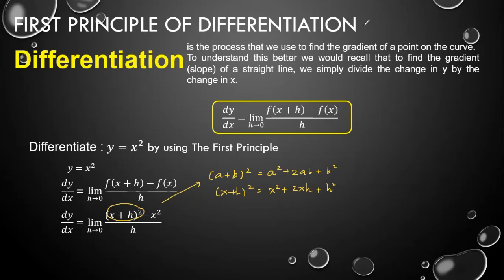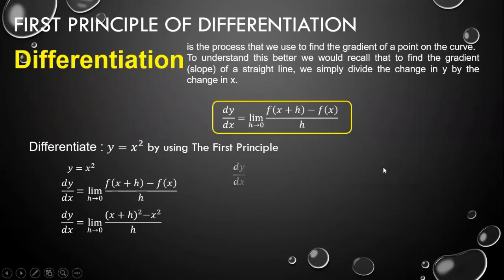Next, dy over dx equals limit h to 0 of x squared plus 2xh plus h squared minus x squared over h. X squared and minus x squared cancel, so only 2xh plus h squared over h is left.